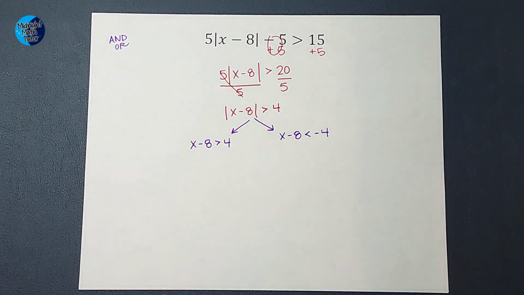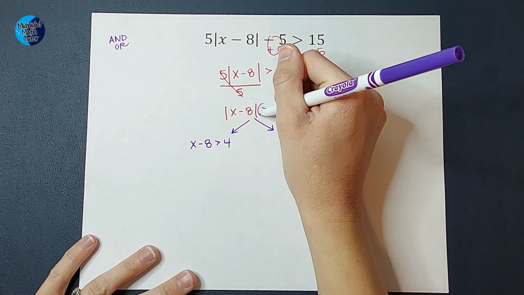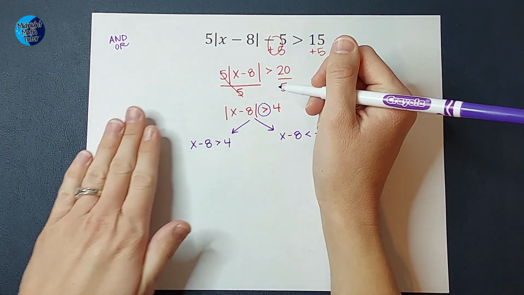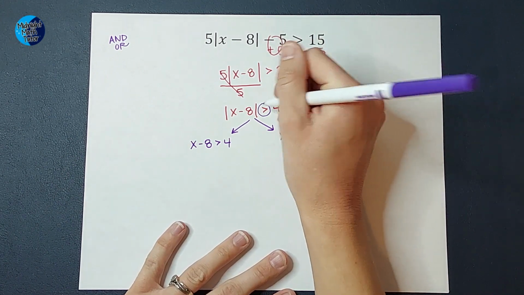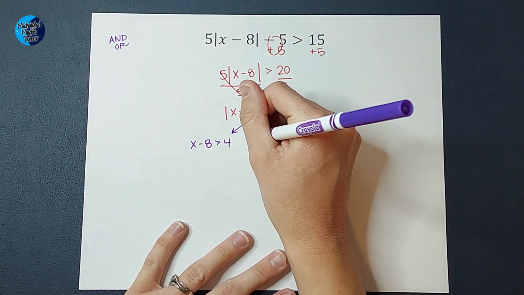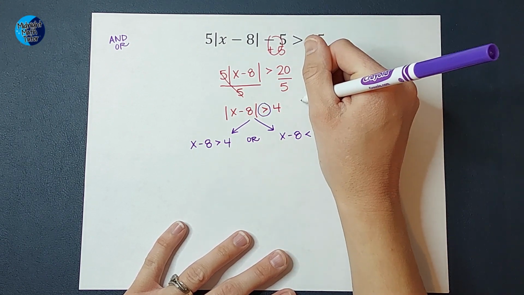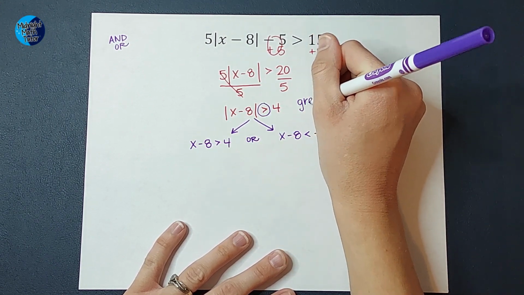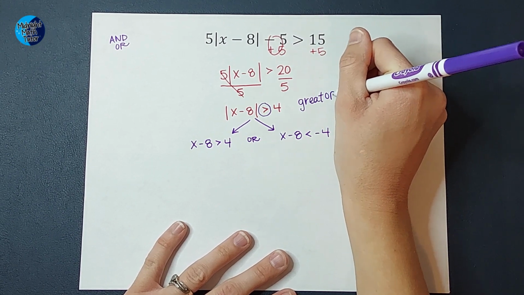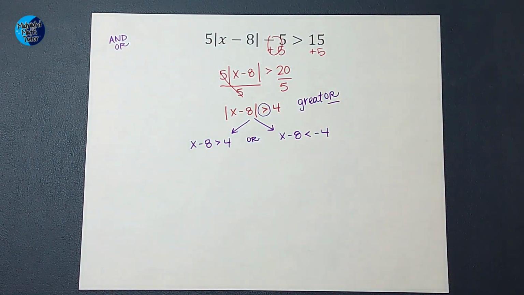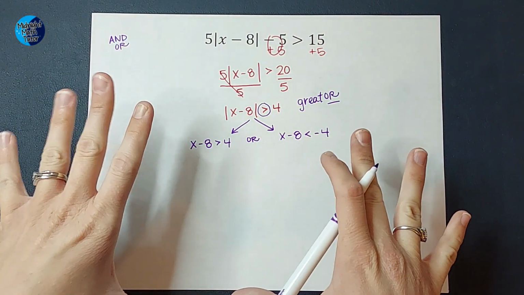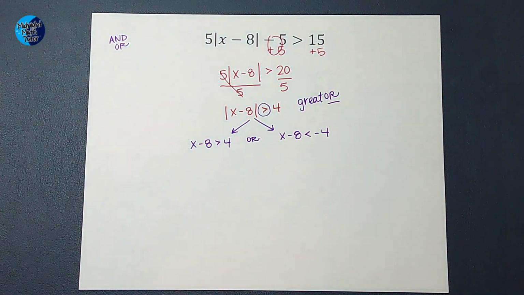And one of the ways to tell is to just look at this sign here. When my absolute value is on the left side, if this is a greater than sign, that means it's going to be an or inequality. And one way to remember that is if you think of greater. I know that's not how you spell greater, but it helps you remember that it is an or inequality. And again, if you're like, why? Watch that video I linked a minute ago and it'll explain this as well, okay?